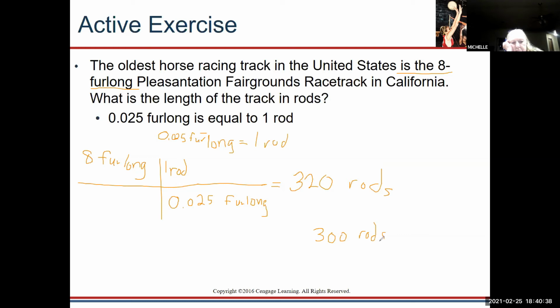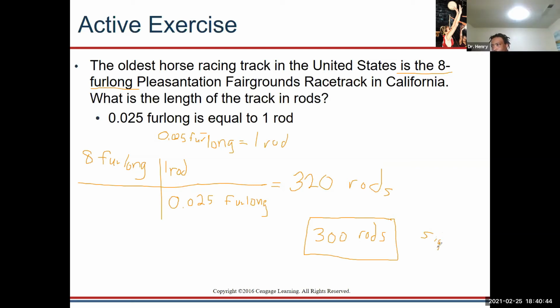Can I ask a question? Okay, so we're taking into consideration the 8 for the furlong, the 1 for the rod, and the 0.025. So, slow down. What did I say about equivalencies?